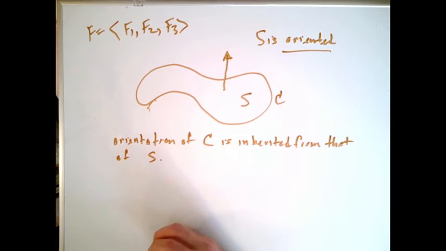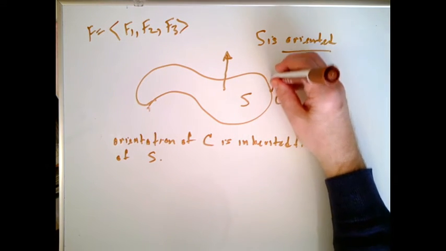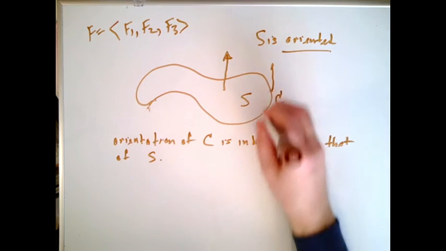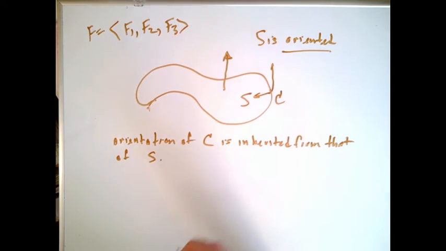It means if you stand on the curve so that your head is pointed in the direction of up, the inside of the curve is always to your left as you walk around it. The right-hand rule is actually in play here.